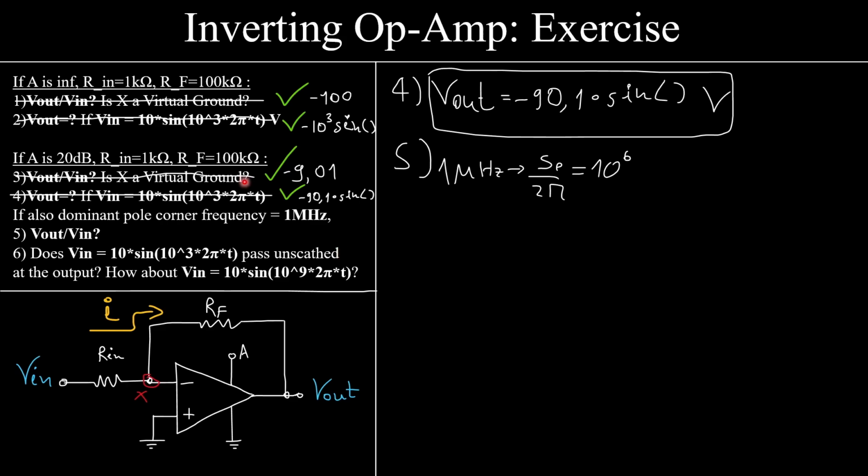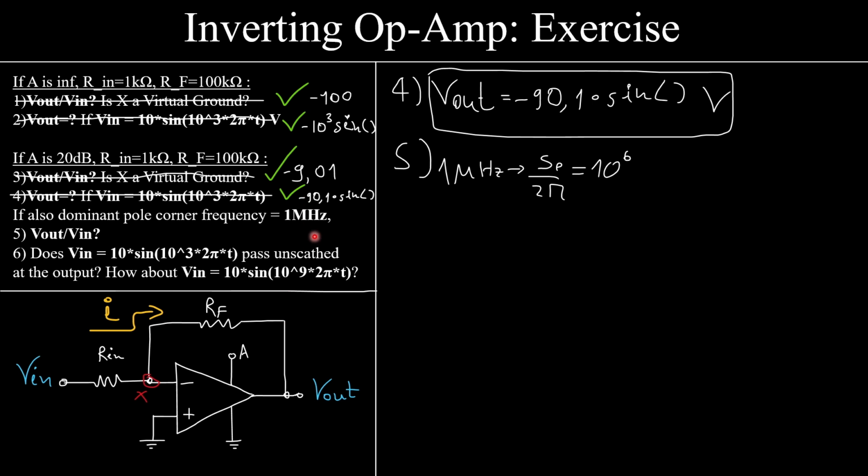Now let's go into some more advanced territory. If the op-amp is not ideal, it can have a corner frequency, as we call it, or a cutoff frequency, or whatever. This is an internal frequency of the op-amp. From this point onwards, the gain starts to fall.